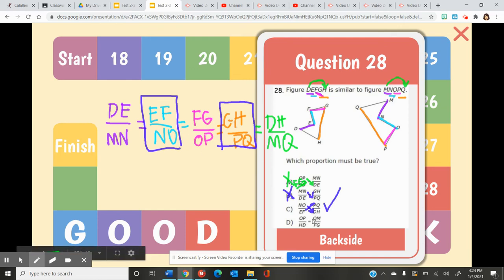So that one seems like it might be true. And then looking at D, I have OP and FG diagonal to each other. That is not true. They are on top of each other, so that is wrong. Therefore, the proportion that is true for these two figures here is going to be C. NO over EF equals PQ over GH.